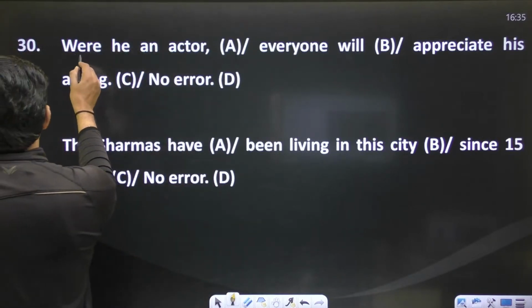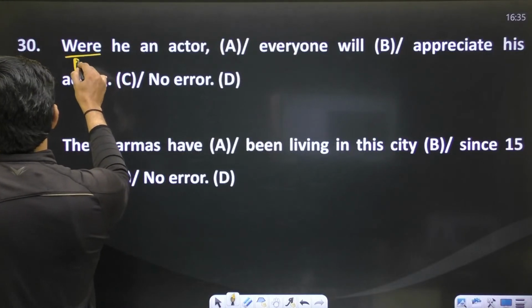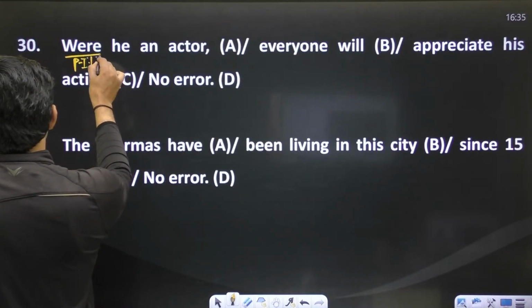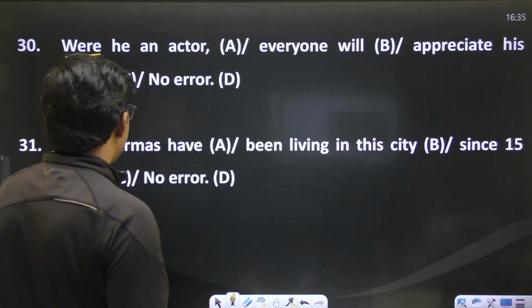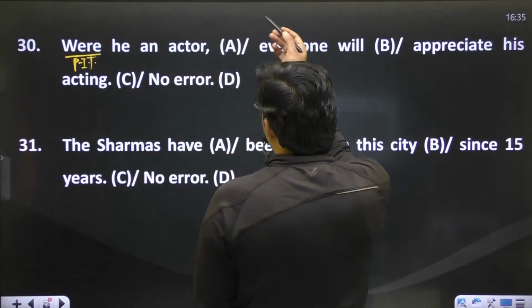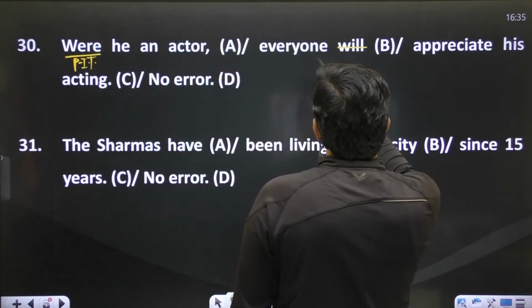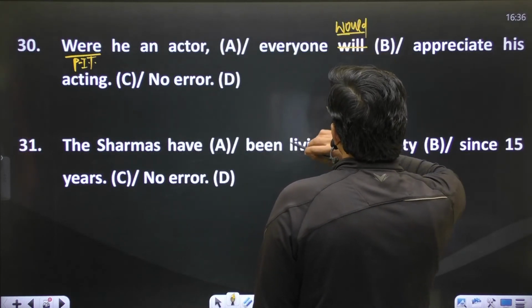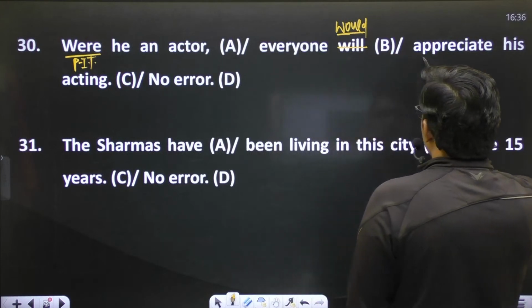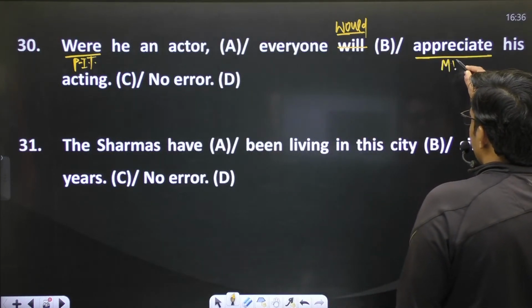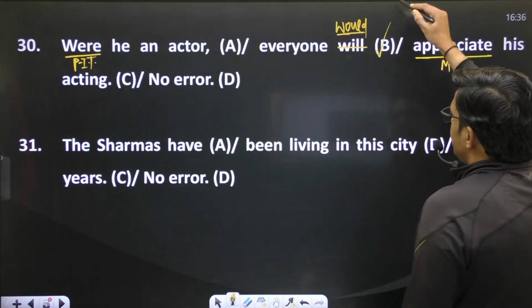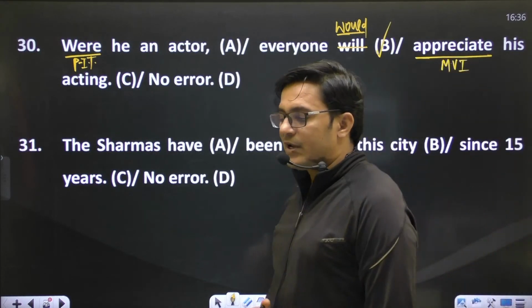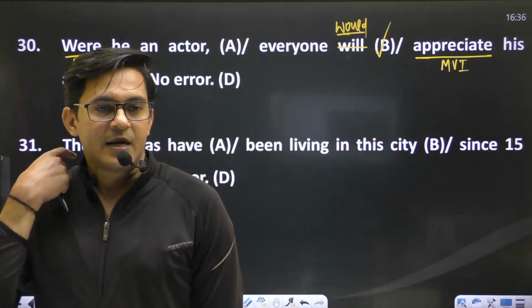In this condition if you get past indefinite tense, like were he an actor, after this past indefinite we use would plus v1. So in place of will, would will be there, and this modal auxiliary verb would demands the first form of the main verb, and by doing this you will have an error in part B.